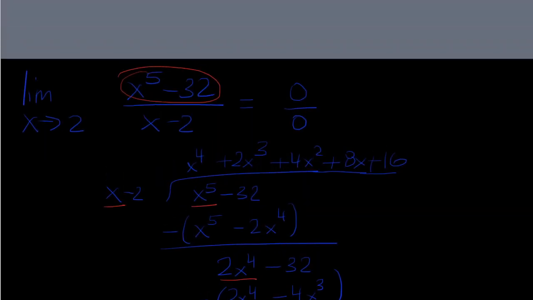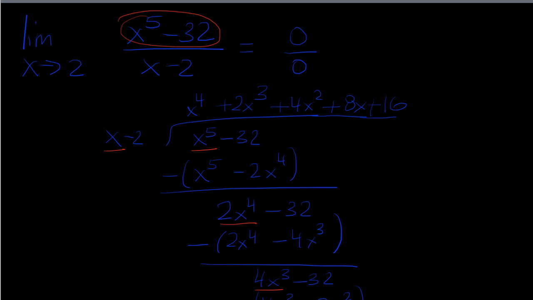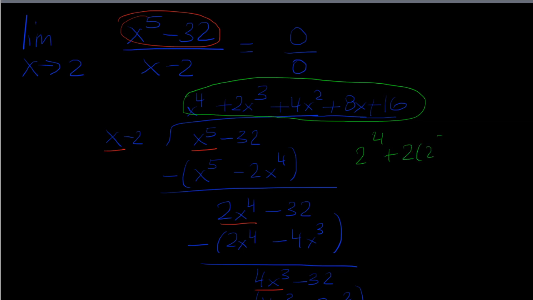So that means I can rewrite x to the fifth minus 32 over x minus 2 as x to the fourth plus 2x cubed plus 4x squared plus 8x plus 16. And now if I plug in x equals 2 into this expression, I get 2 to the fourth plus 2 times 2 cubed plus 4 times 2 squared plus 8 times 2 plus 16.